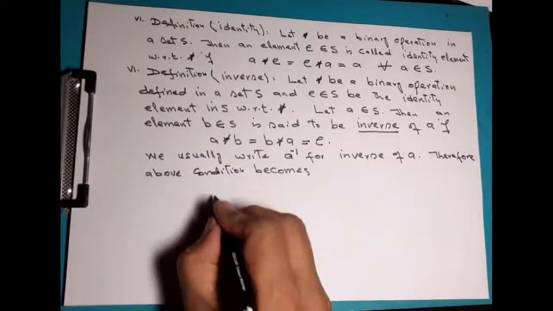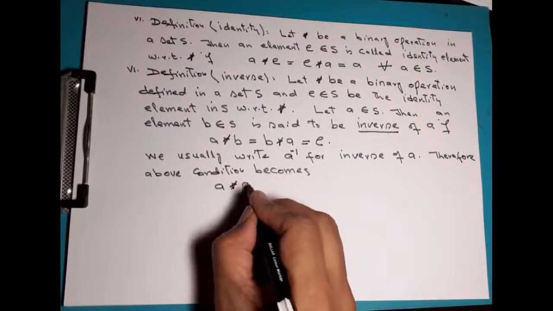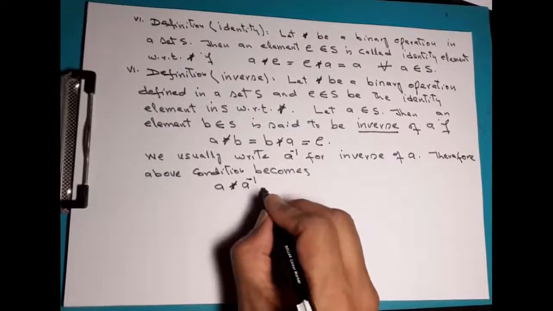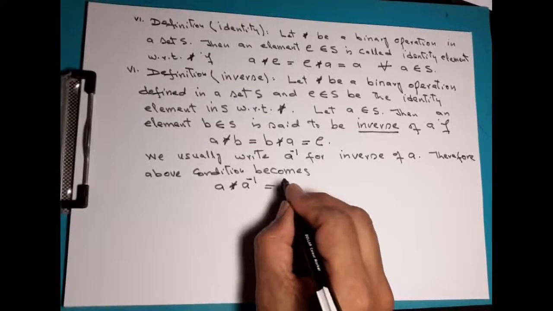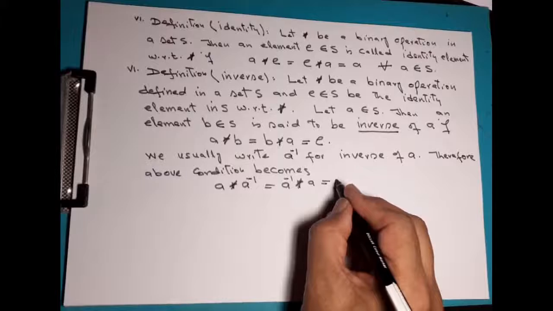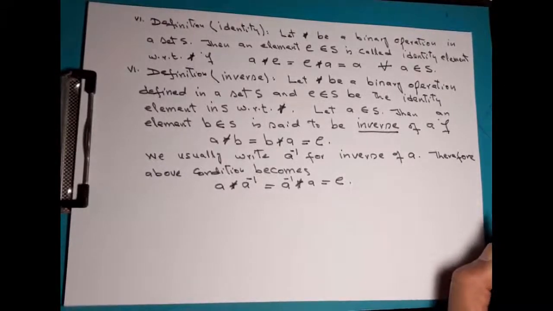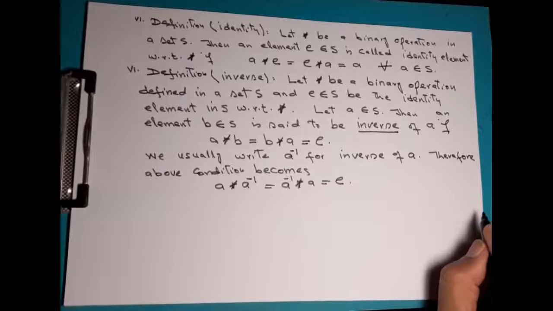So this condition becomes A star A inverse is equal to A inverse star A is equal to identity element E. So this is the definition of inverse of an element.